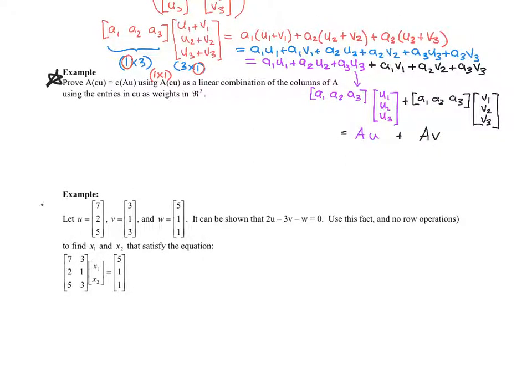this problem I really like. So let U equal this, V equals that, and W equals that. It could be shown that this relationship is true. I want you to use that fact, but no row operations.